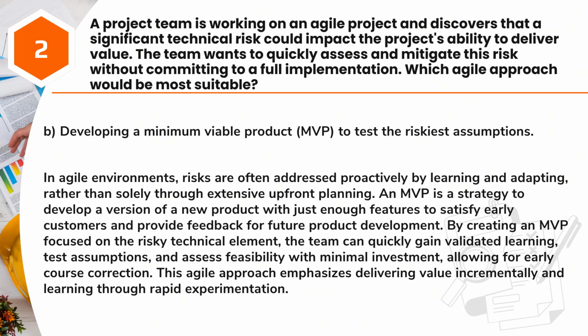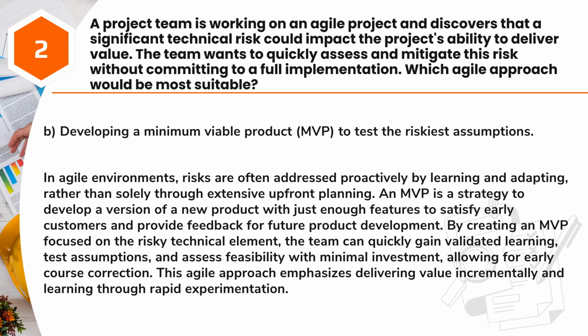Answer B. Developing a minimum viable product, MVP, to test the riskiest assumptions. In agile environments, risks are often addressed proactively by learning and adapting, rather than solely through extensive upfront planning. An MVP is a strategy to develop a version of a new product with just enough features to satisfy early customers and provide feedback for future product development.